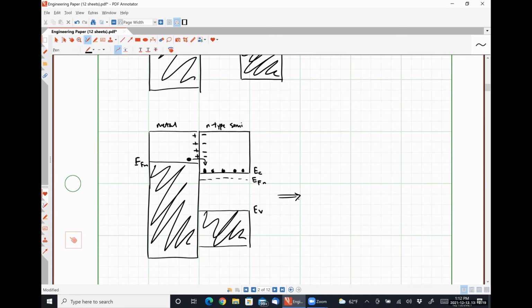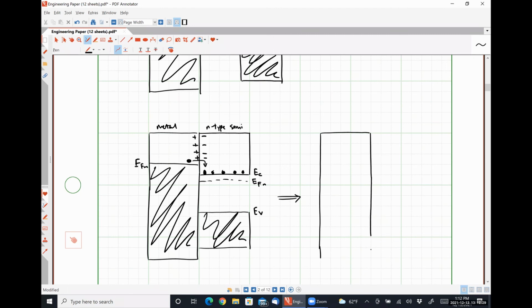So let me try to draw this real quick. Here's our metal. Here is EFN, EFM, and away from the junction again, we should see that our semiconductor material just looks like its normal structure.